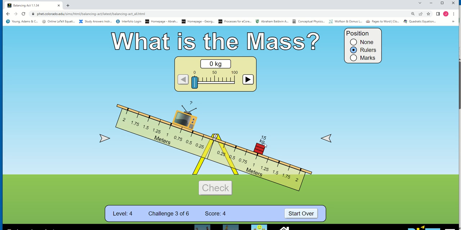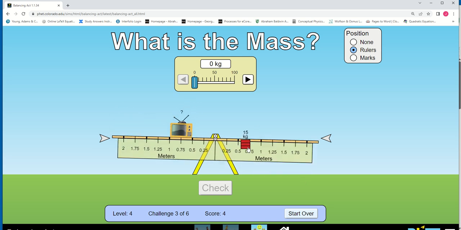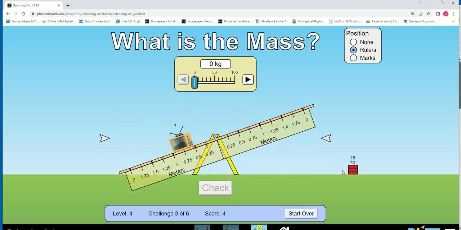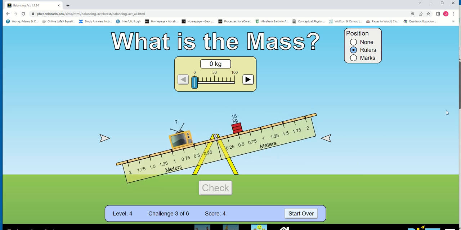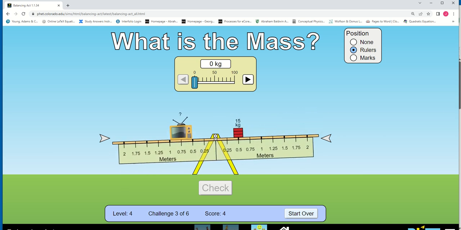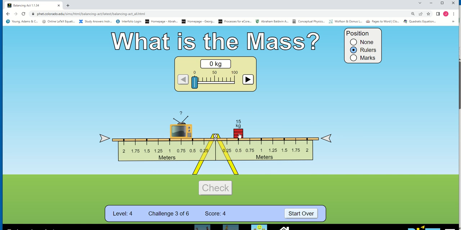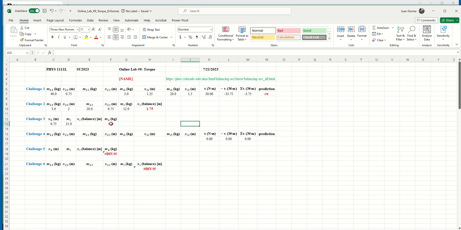So don't hit check, because it's not balanced. So let me put it at 0.5. And it's balanced. So in other words, my balancing point on the right, my XR balance, is 0.5 meters. Now watch what happens to the unknown mass when I type in my balance point. 0.5, click outside.